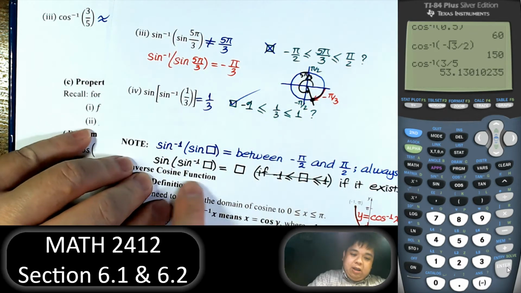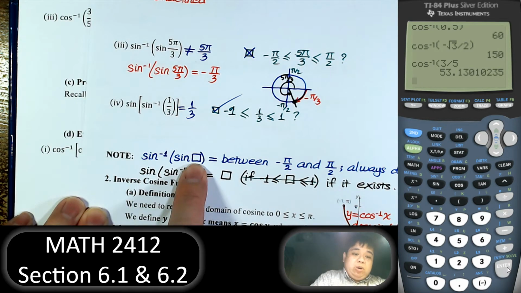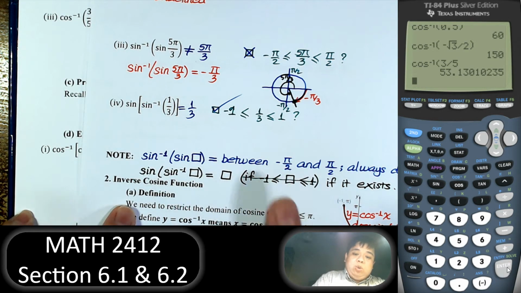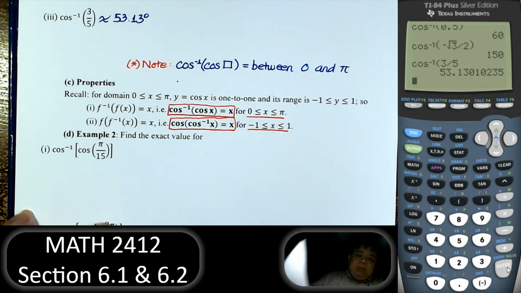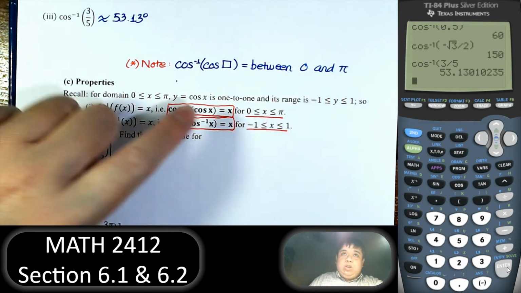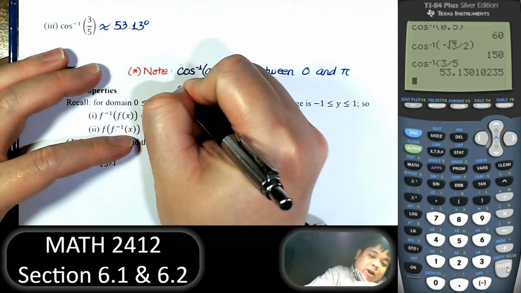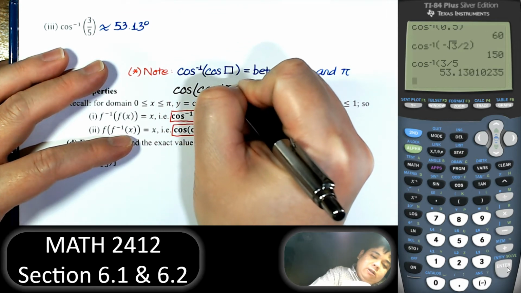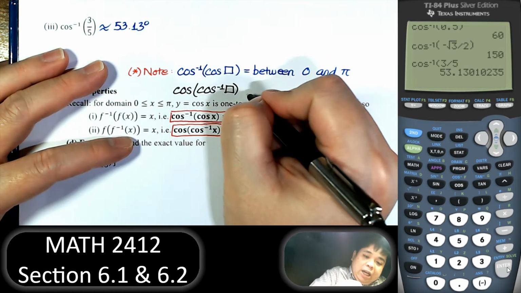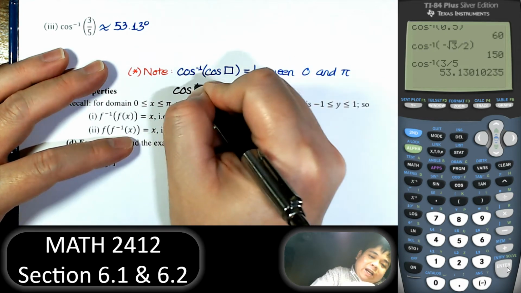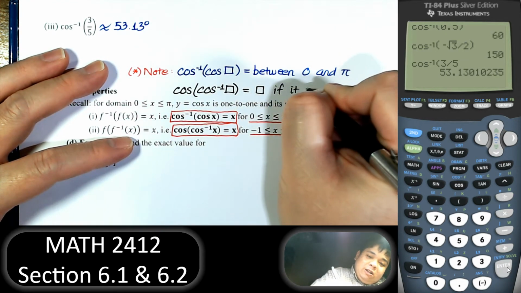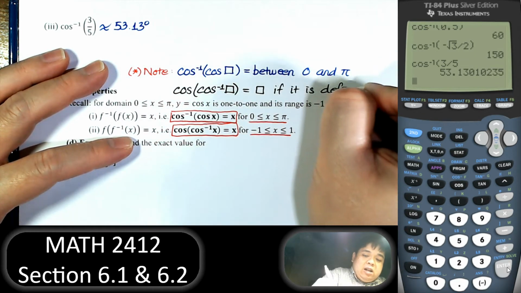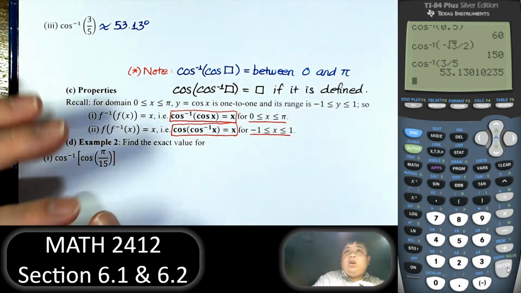The inverse will cancel the function. For sine inverse and sine, the answer is always between negative pi over 2 and pi over 2. Here, the answers have to be between 0 and pi. But the other way around, when we have cosine and the cosine inverse, they cancel out if it is defined. Of course, if it is not a number between negative 1 and 1, it is undefined and therefore it cannot be cancelled.